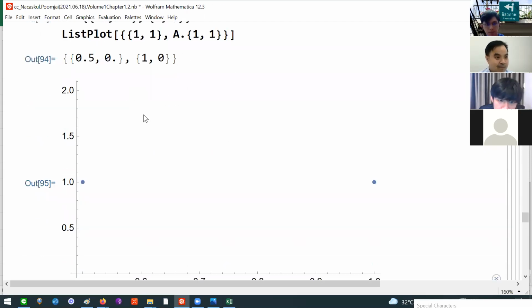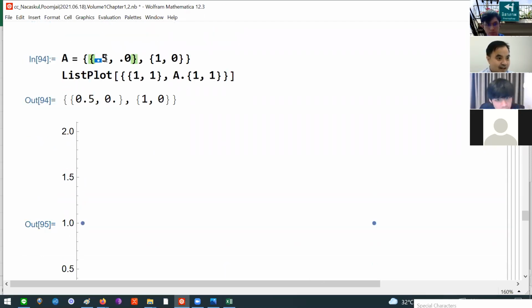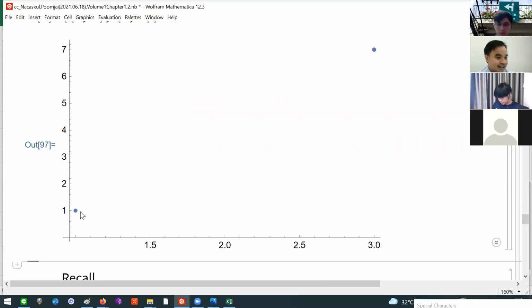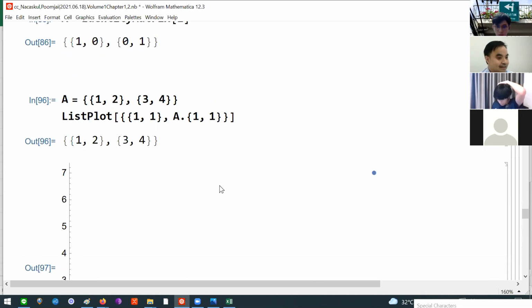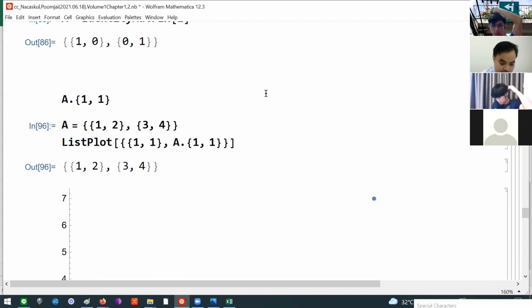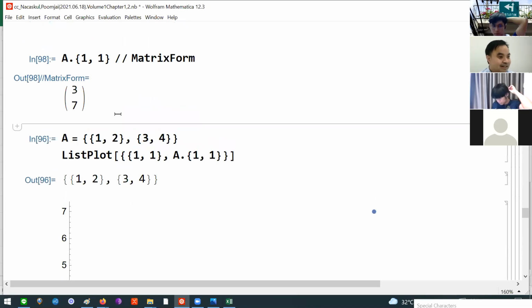Let's say I'm making something: 1, 2, 3, 4. Originally, I have this number 1, 1. Now I have some funny number 3, 7. Why is that? Well, because what is A times 1, 1? It's 3, 7.